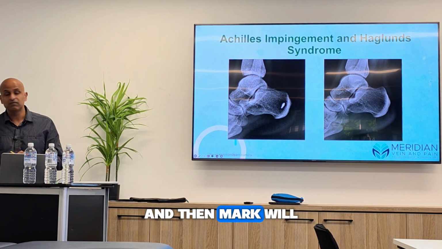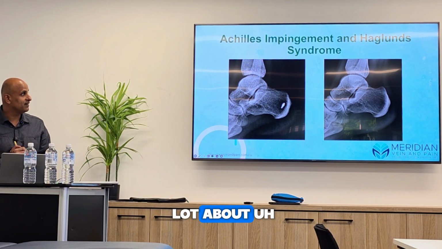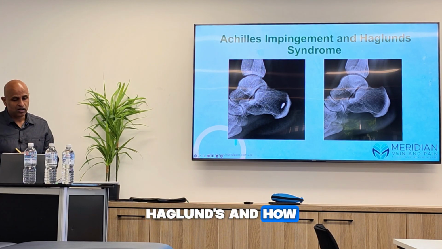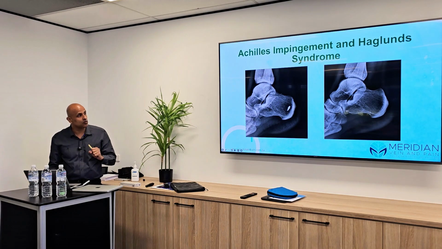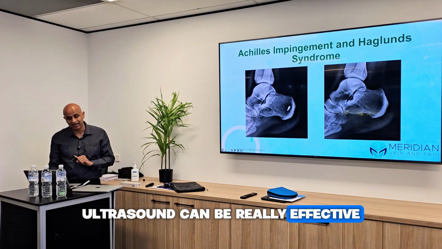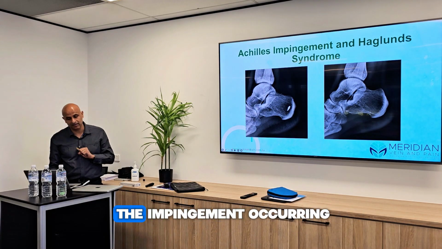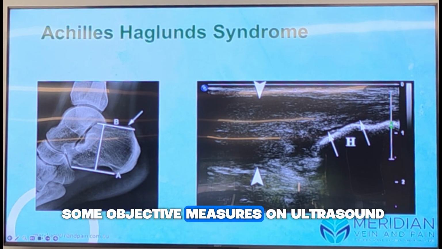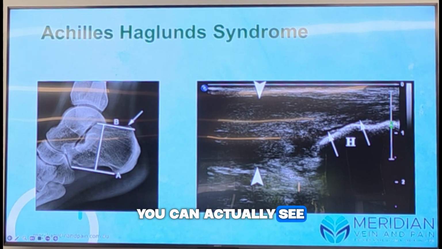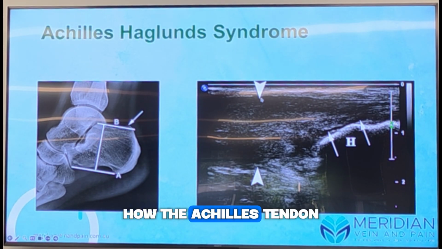And then Mark will talk to you a lot about Haglund's. X-rays are great for Haglund's deformities. Ultrasound can be really effective also for actually seeing the impingement occurring. So you can take some objective measures, but on ultrasound you can actually see how the Achilles tendon is thickened.